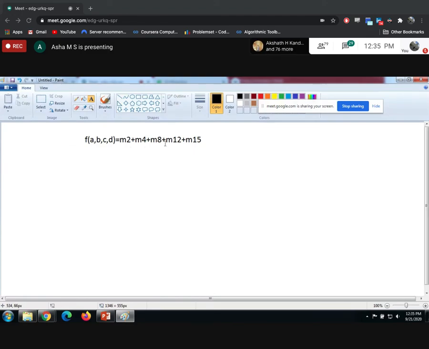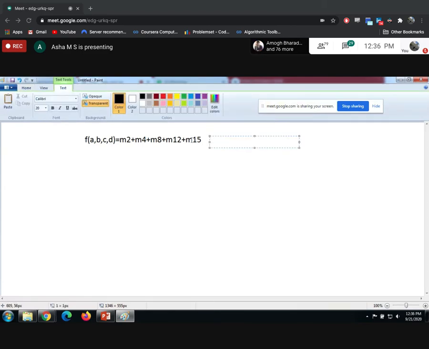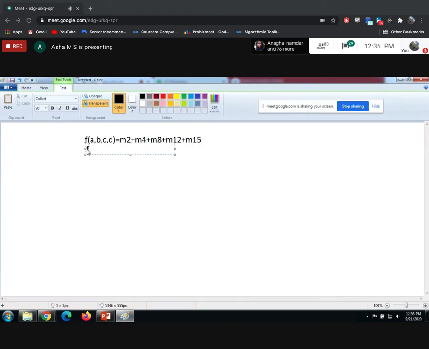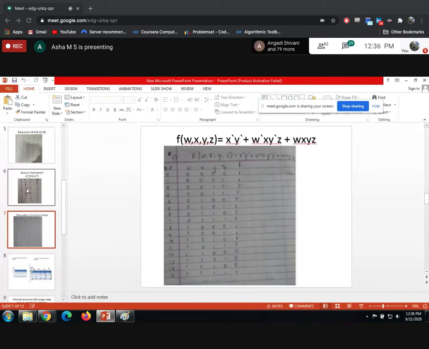Now we need to convert this min term form to a truth table. So this looks like f of a comma b comma c comma d.